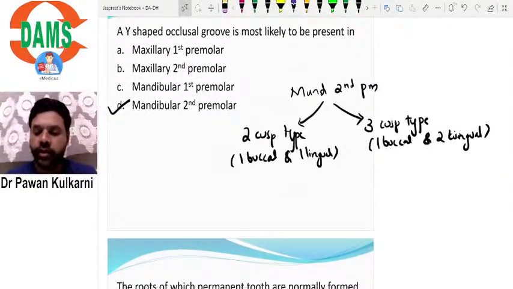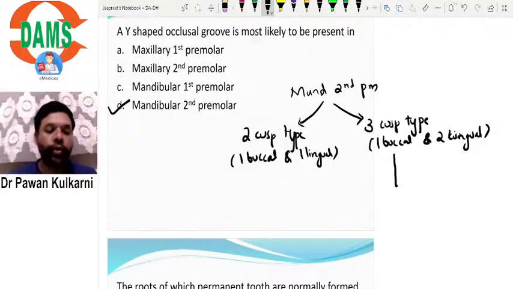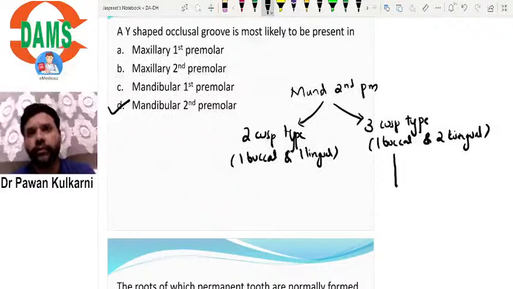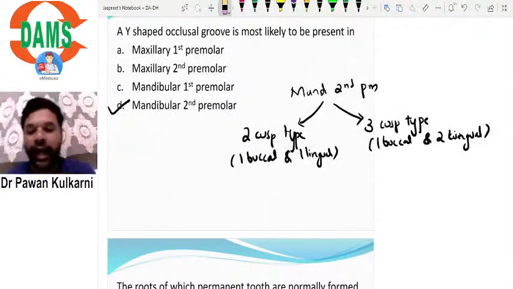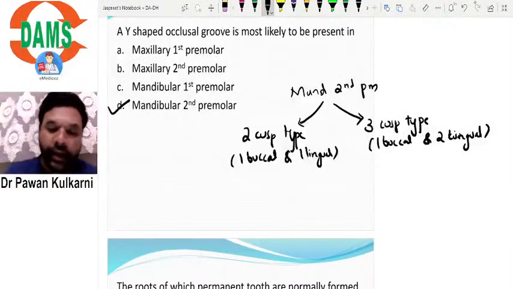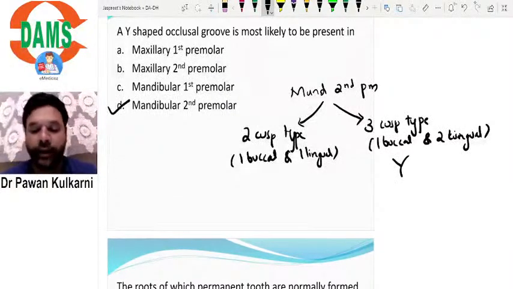So suppose this is the buccal, and this is the groove that you see. Now it will have two lingual cusps, so that will typically have a Y-shaped groove pattern.